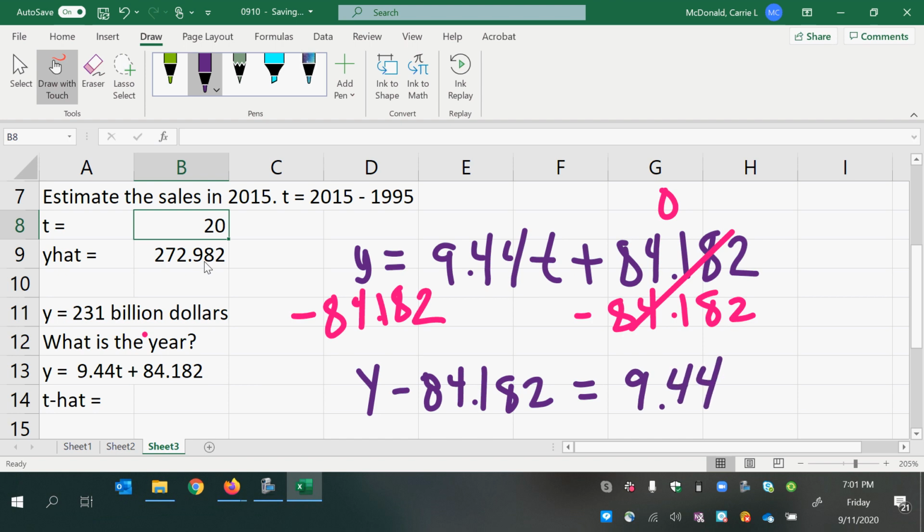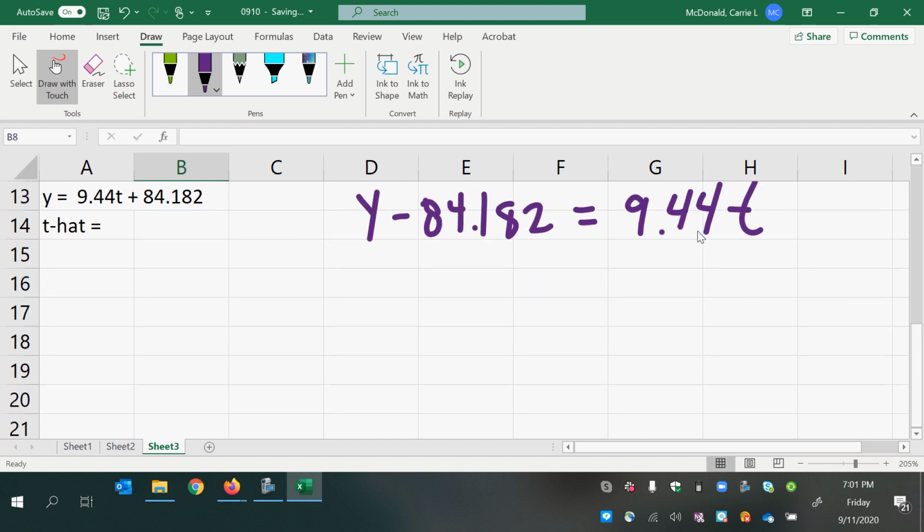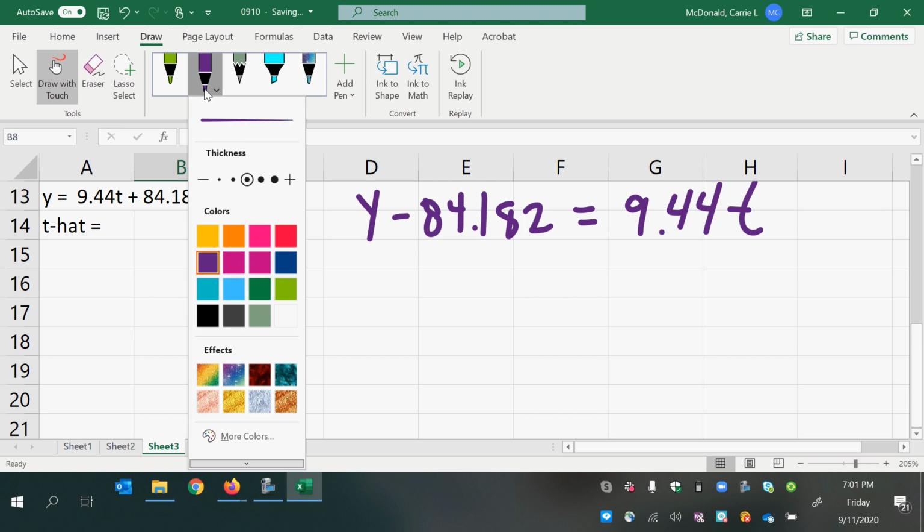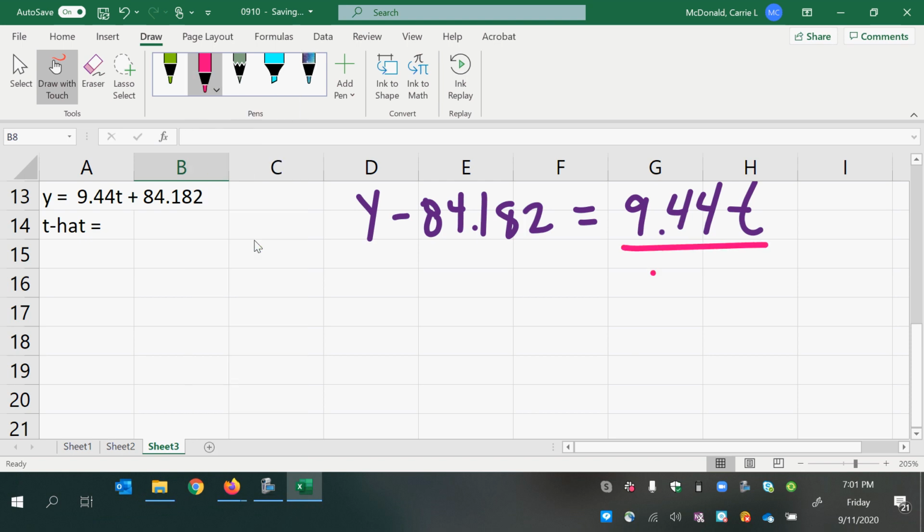Okay, and we still want to get t alone, so we just have another operation to invert. We have multiplication occurring between the t and the 9.44. So we're going to go ahead and undo that by dividing, or multiplying by the multiplicative inverse, which is 1 over 9.44, and we'll do that over here also.